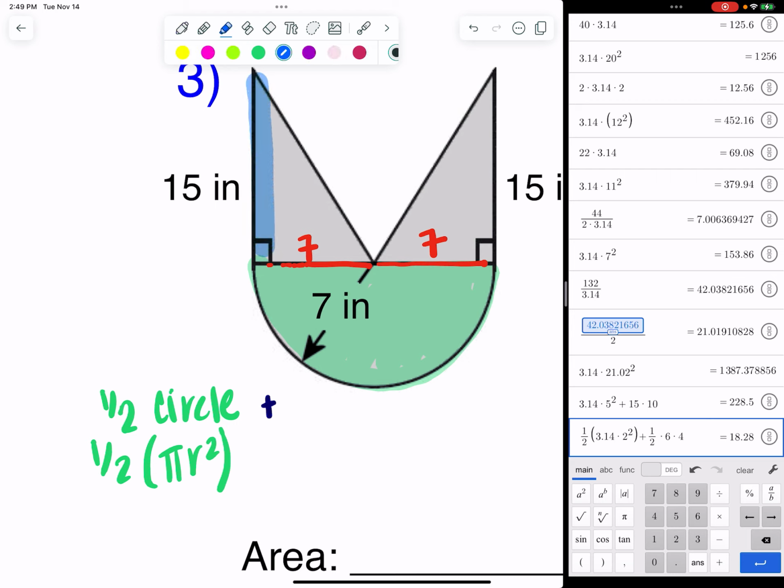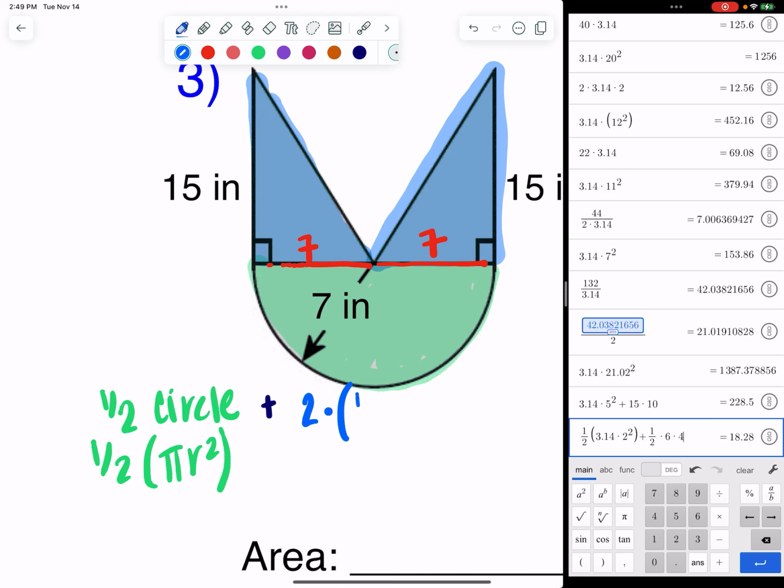We'll do the triangles in blue. So I have 2 triangles. I'm not going to find both of them. I'm going to find one and multiply by 2 because I'm going to work smarter and not harder.